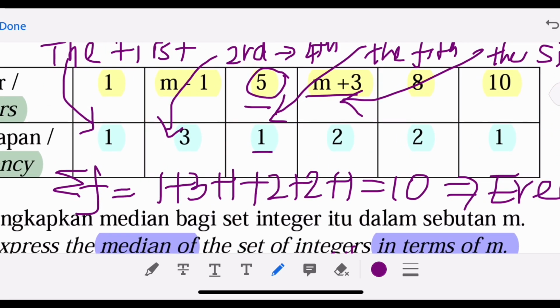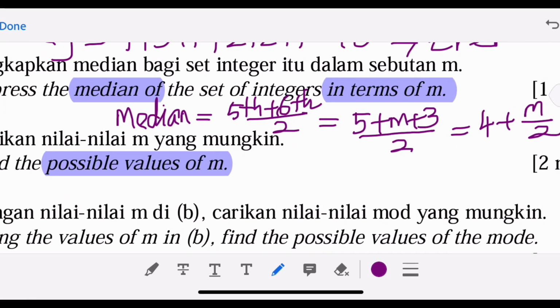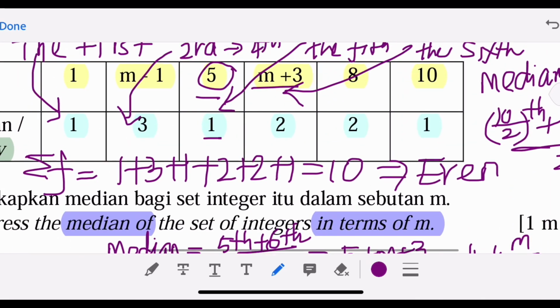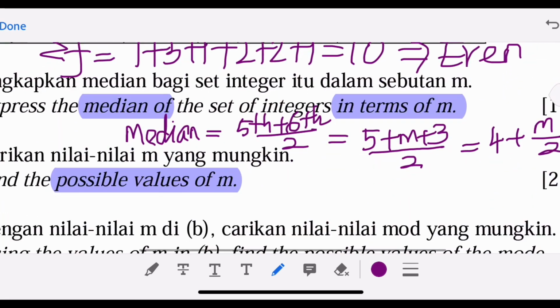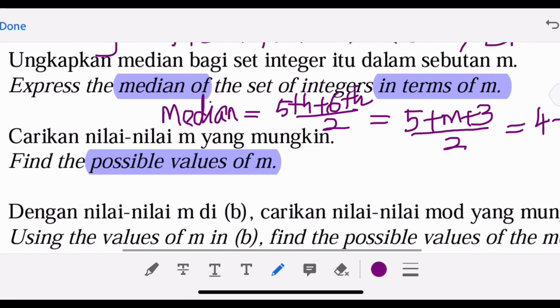Now let's proceed to the next one. The question is asking about the values of m. Now we are going to solve for the possible values of m. How to find the possible values of m? We need to think what the possible values of m are. So let's think together.